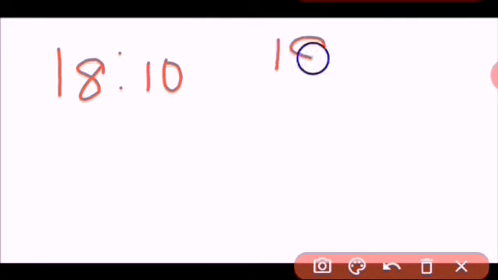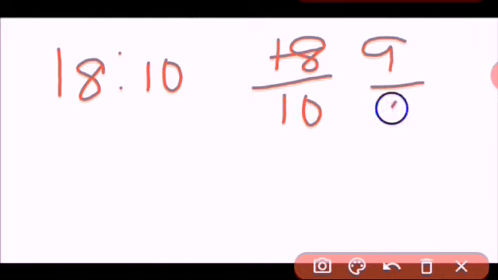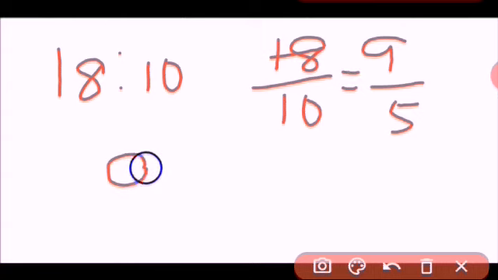You cannot keep it as it is. You can simplify it by 2: 2 nines are 18, 2 fives are 10. The answer will be 9:5.